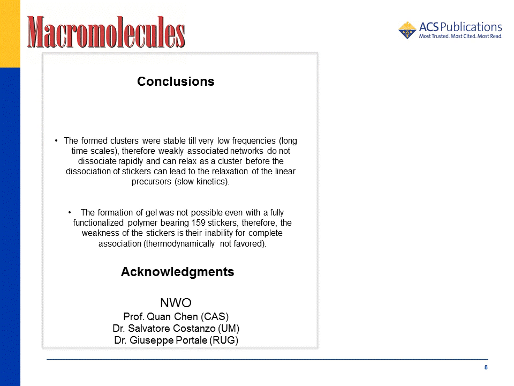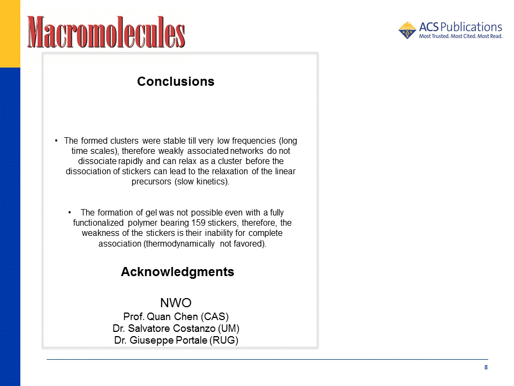Therefore, to sum it up, two conclusions were obtained. First, the formed clusters were stable to very low frequency or longer time scales. Therefore, weakly associated networks do not dissociate rapidly and can relax as a cluster before the dissociation of the sticker can lead to the relaxation of the linear precursors. This in fact means slow kinetics.